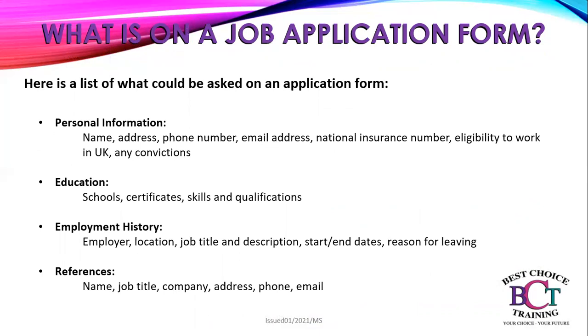Employment history, so your employer, the location, your job title and description, start and end dates, and reason for leaving. References should be on there as well, including the name, the job title, the company, address, phone and email for that reference. Normally there's 2 references, but some job applications may ask for 2 or more.